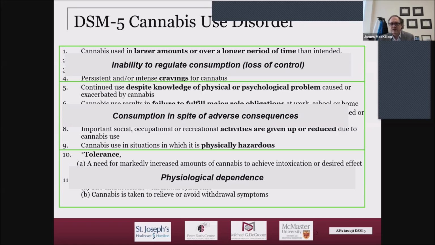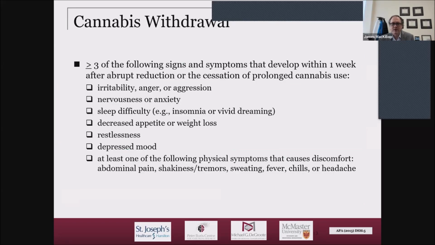What we're talking about in terms of withdrawal syndrome here, the quote unquote prototypical withdrawal syndrome, is 3 or more of the following signs and symptoms. Another, unfortunately, persistent myth is that you can't be physically addicted to cannabis, or you can't be physically dependent on cannabis. That's not true. There's a well-documented, well-studied withdrawal syndrome. It certainly seems to be much more common nowadays, again, in part perhaps because of the much higher THC levels.